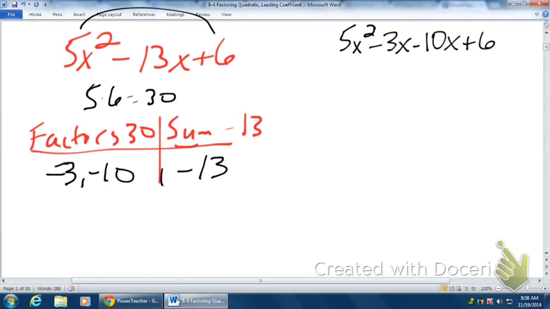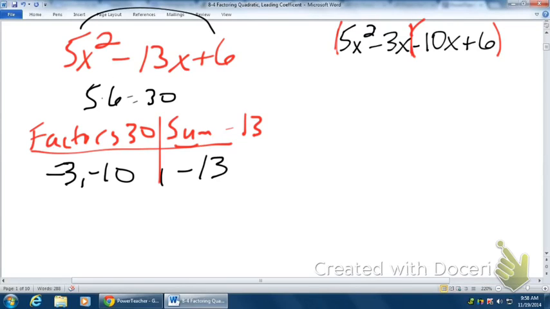Almost. Now, I want you guys to break this up into essentially two separate things right here. If we factored out the 5x minus 3x, just those two terms, that's all I want you to factor out.